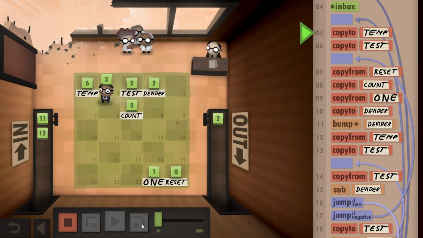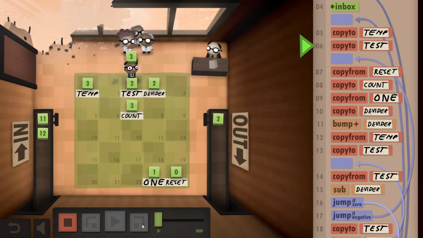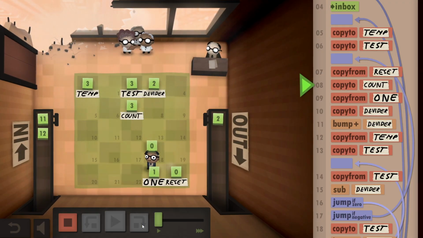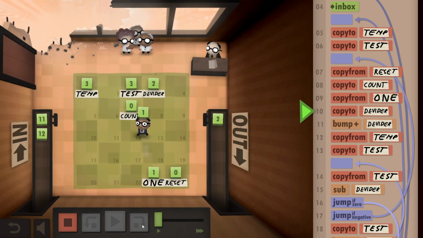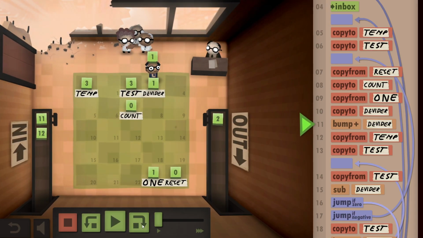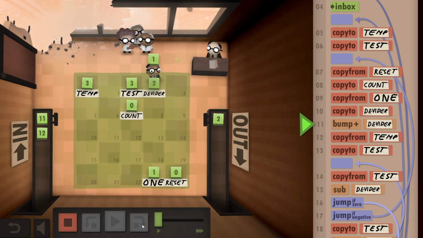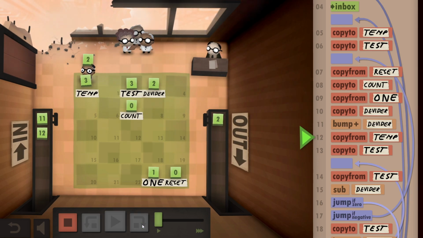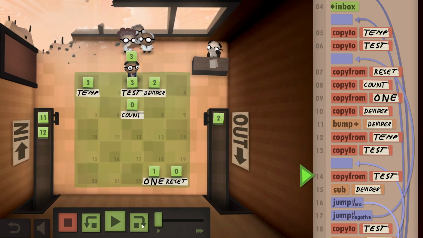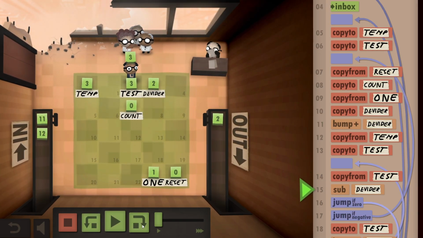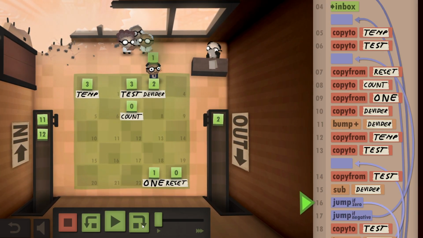Three should be placed on temp. Three should be placed there. Now we reset. There is a check. Okay, here it goes. That's the problem. No, it's not. This position. Two goes.